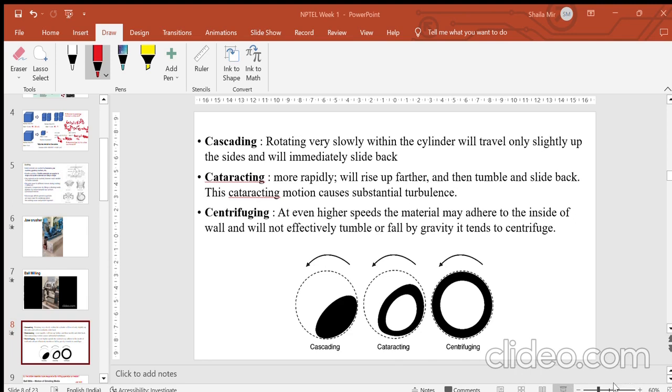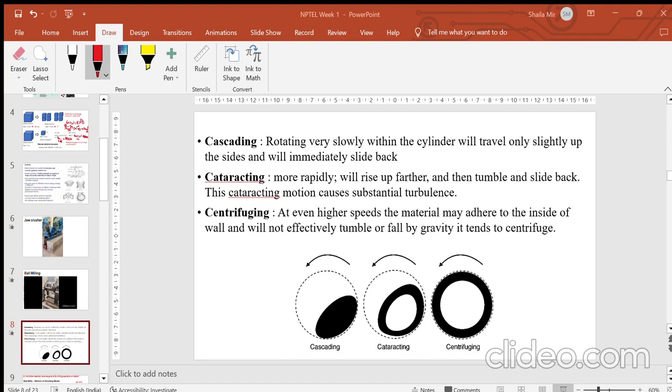So in order to calculate the critical speed for a ball mill, there is a formula. It is given by 1 by 2 pi times the square root of g divided by (R minus r). g is the acceleration due to gravity, and capital R represents the radius of the mill, that is the complete mill, while small r represents the radius of the balls, the grinding media used inside.